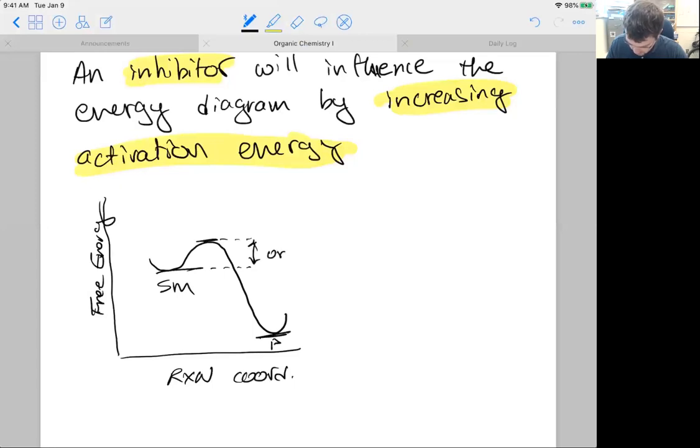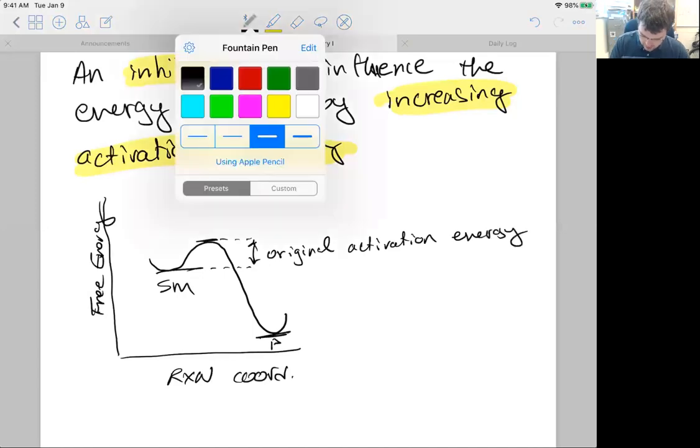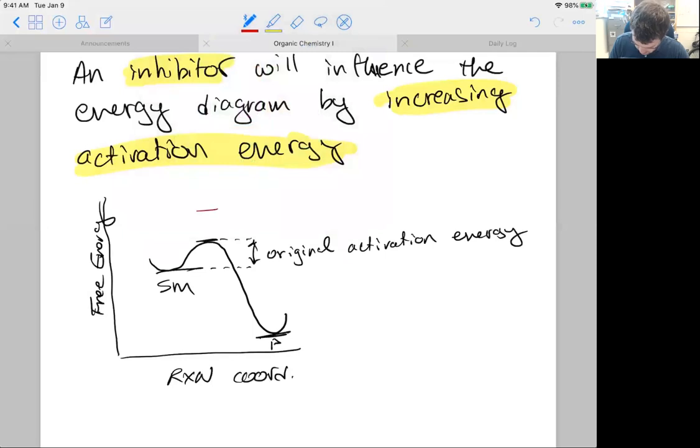We've got our original activation energy. And then what we could do is introduce a new transition state, or we will introduce a new transition state when the inhibitor is added to the reaction, and that's going to create a new energy diagram.